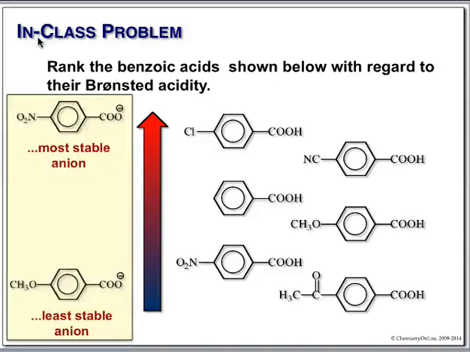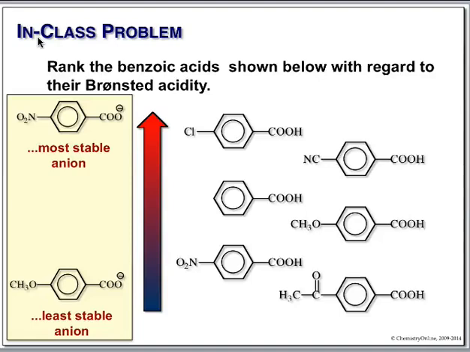Just on our limits here, the most stable anion is going to be the guy with the nitro on it. Because remember, a nitro group withdraws electrons by resonance from the ring and also from the anion. Remember, things like oxygen can donate electrons by resonance, pushing electrons into the ring, making this less stable.